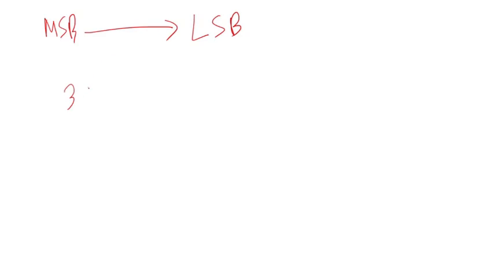So 35 in base 10 is the equivalent of 100011 base 2, because this here is the most significant position, and this one here is the least significant position. If I want to go back from binary, we have examples to do that. I'll wait until I do that example.